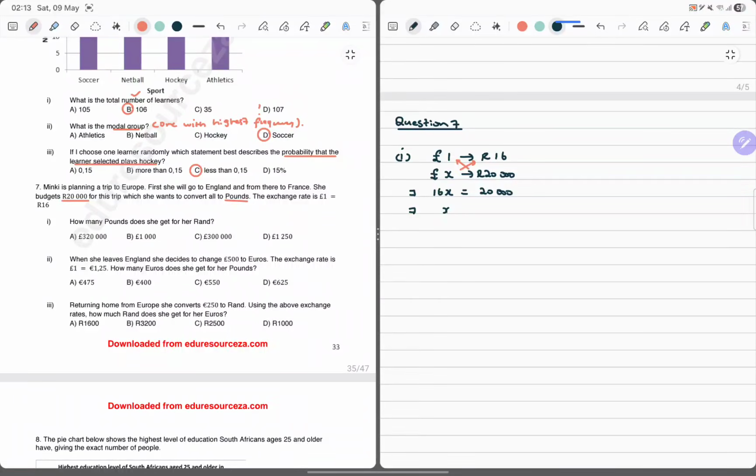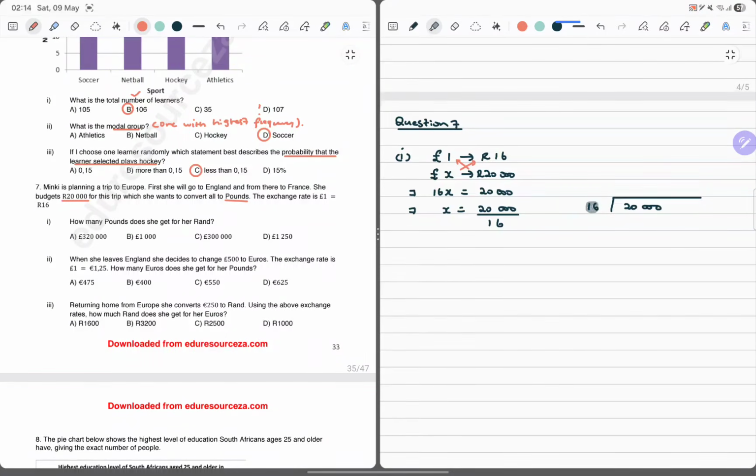So this implies that x is going to be 20,000 divided by 16. There are many ways of solving here, but just try long division. Let me show you guys how to survive these things.